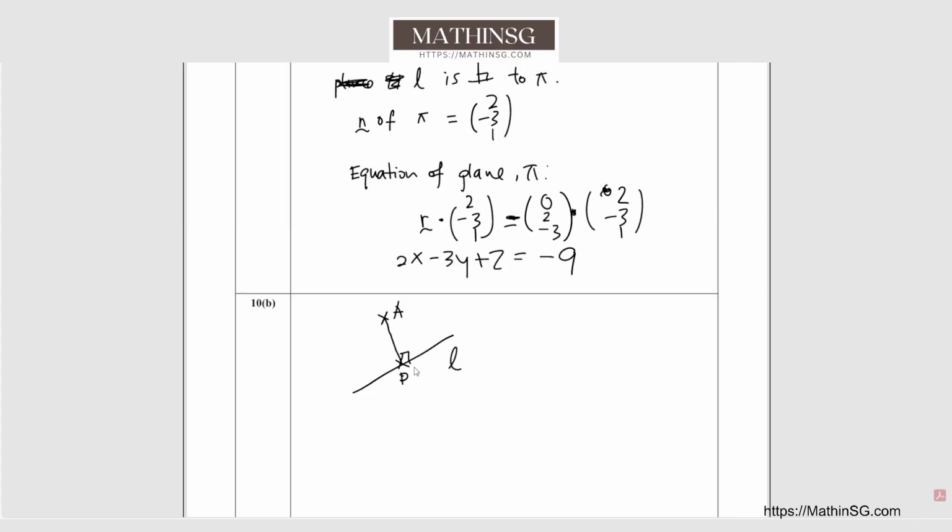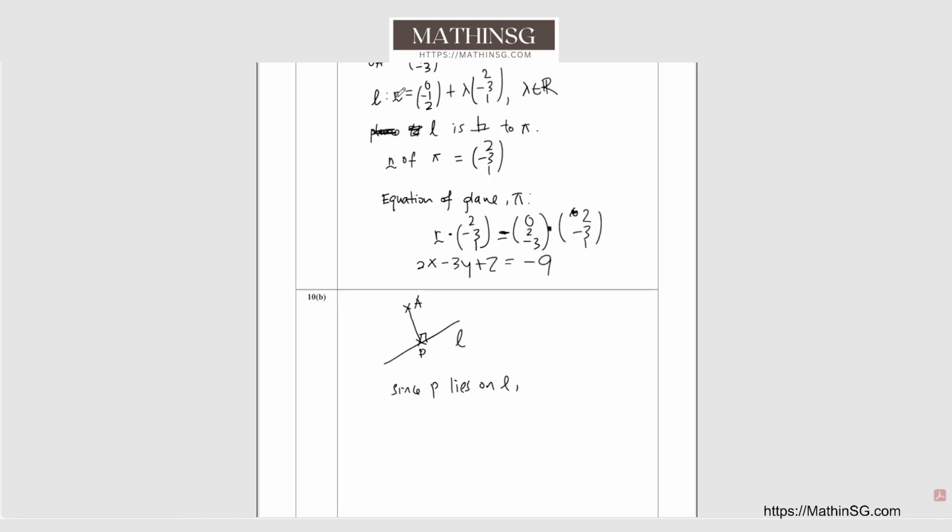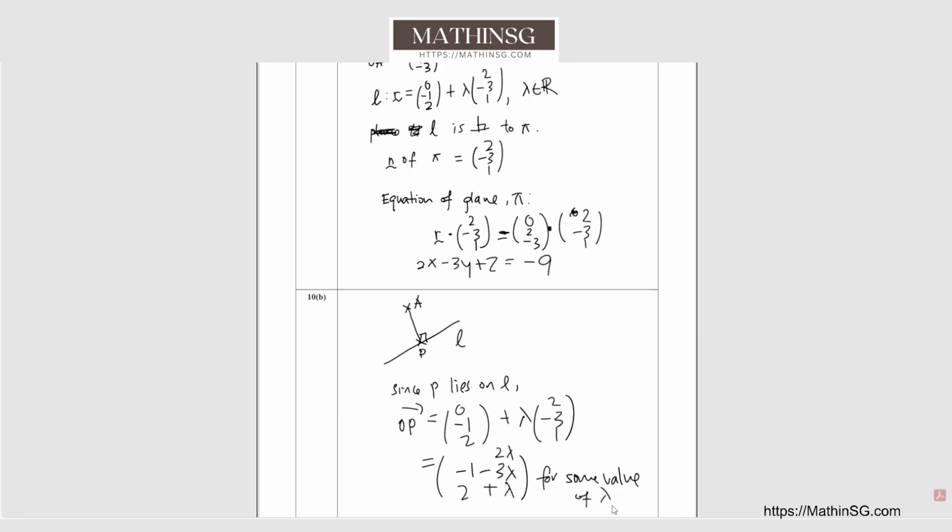So to do this type of question, I know that P lies on line L, therefore P takes the equation of L. And we know that the equation of L is this. So I can say that OP equals (0, -1, 2) plus lambda (2, -3, 1), or I can rewrite it as (2 lambda, -1 minus 3 lambda, 2 plus lambda), for a particular value of lambda.